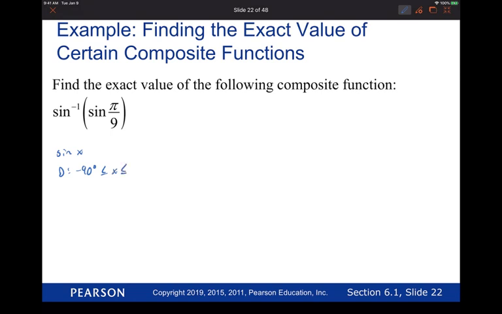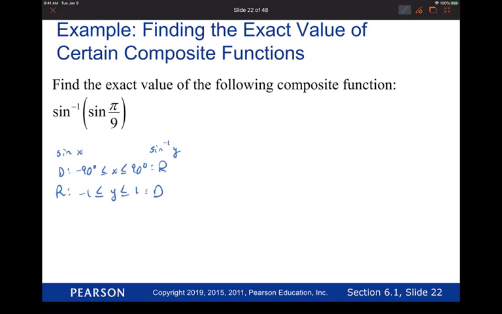The range for this was negative 1 to 1. So then when we do inverse sine of y, this is our range, this is our domain. I know the x and y's are a little bit loose; I'm using them loosely right now.